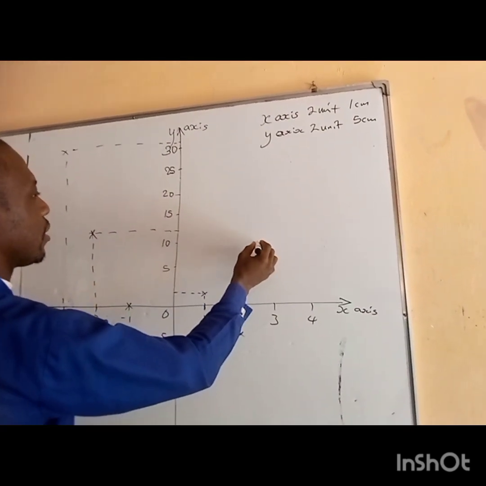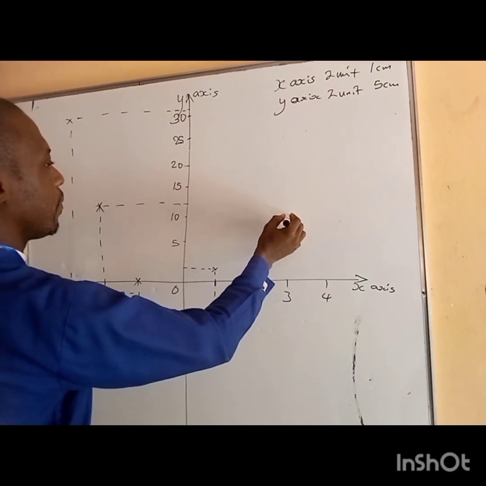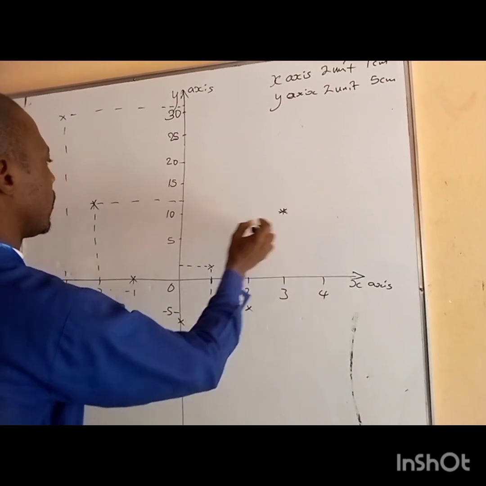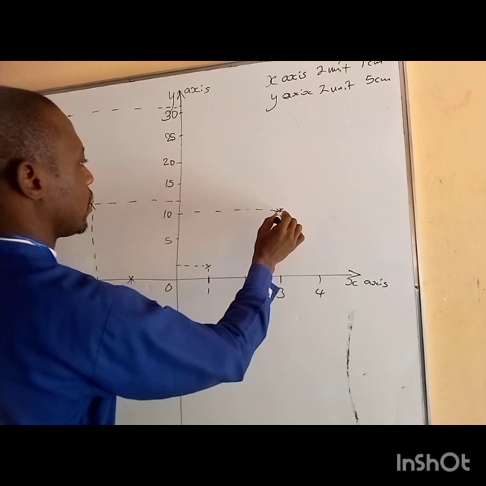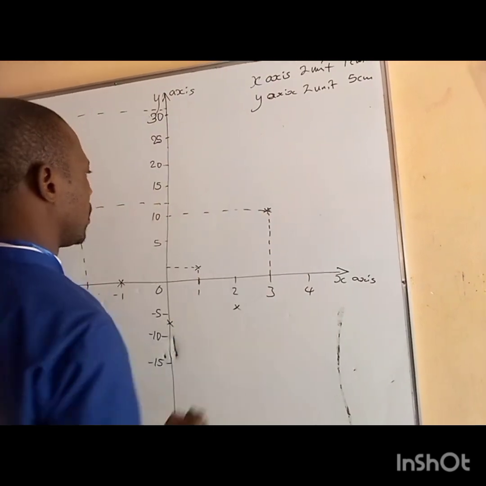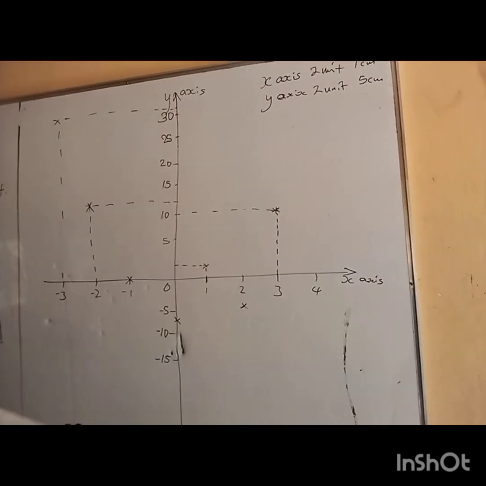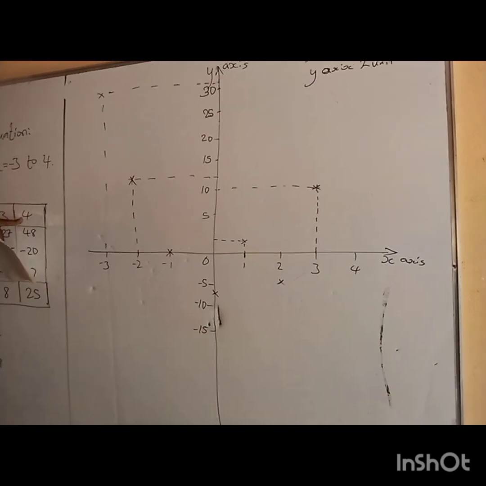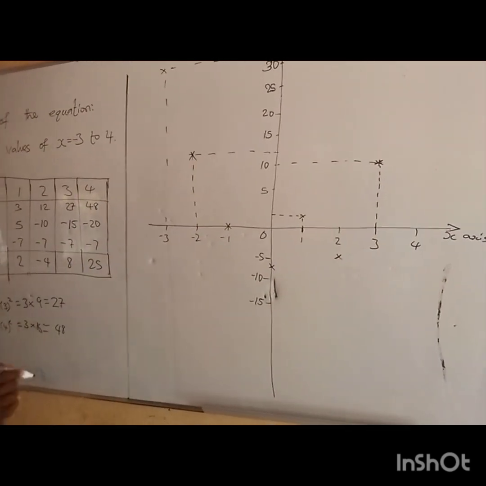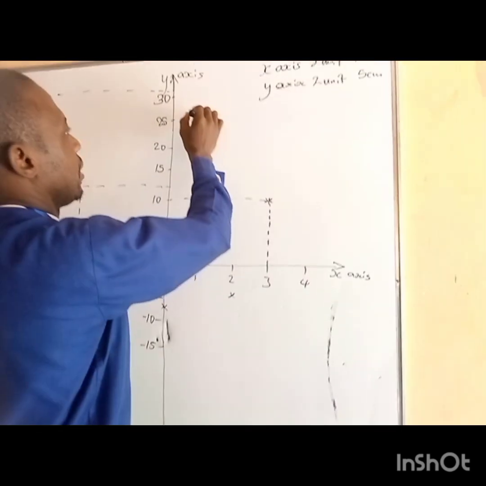So 8 is somewhere here. And then when x is 4, y is 25. So 25 is there.